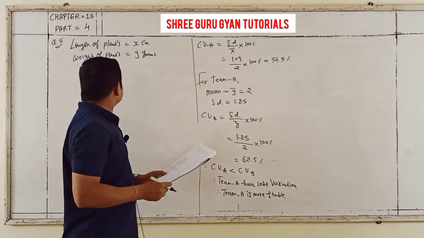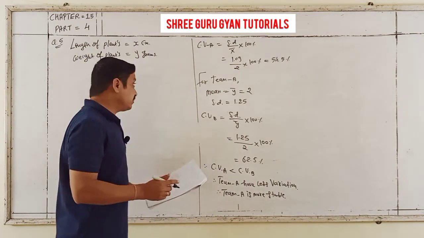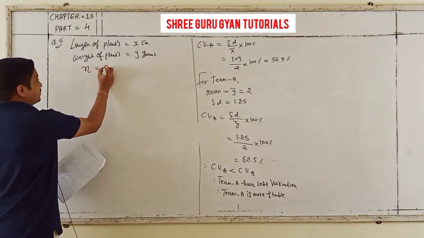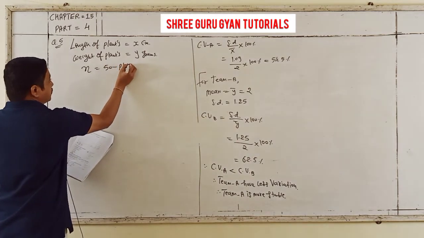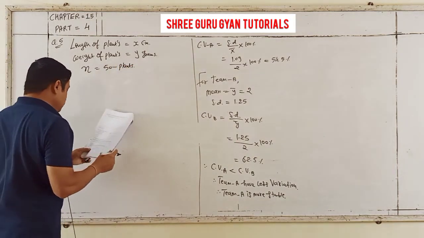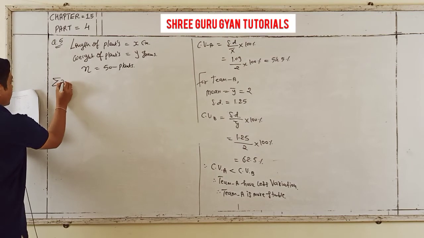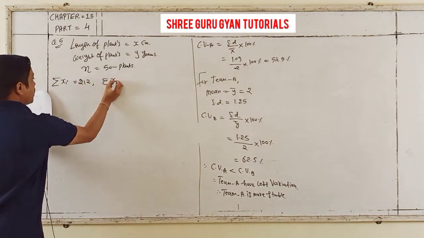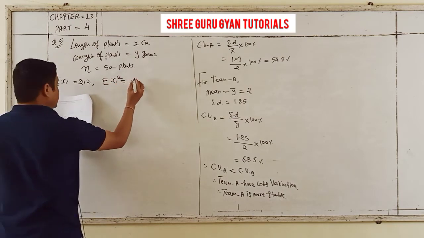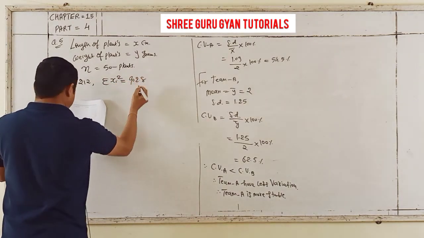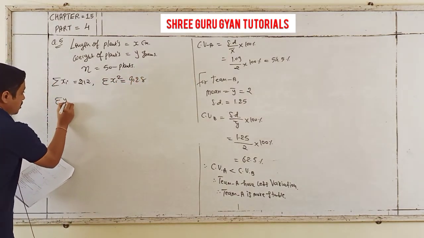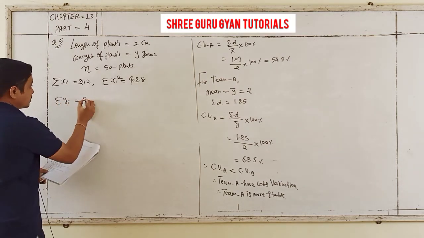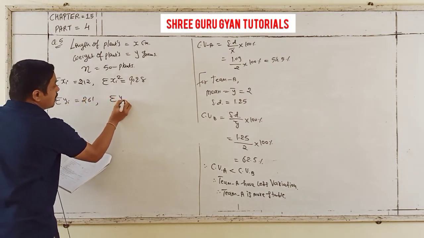Continue. For the 50 plants, means n is equal to 50, we are given the totals: sigma xi is 212, sigma xi square is 902.8, sigma yi is 261, and sigma yi square is 1457.6.